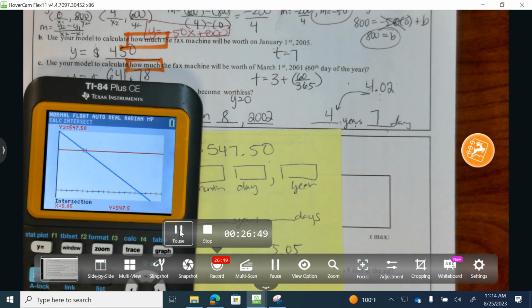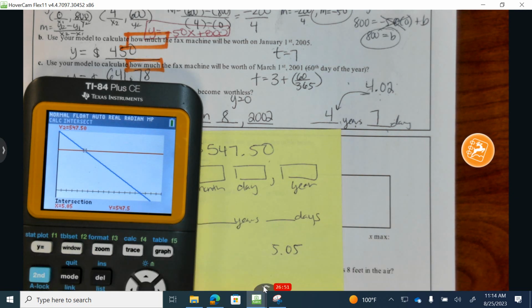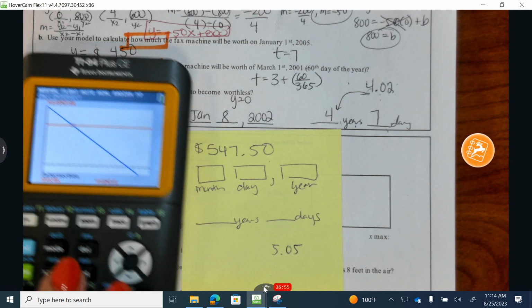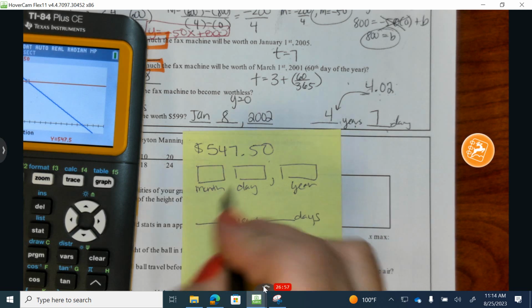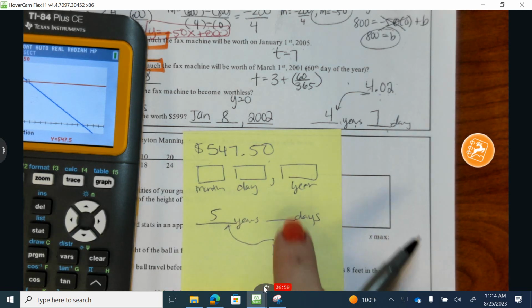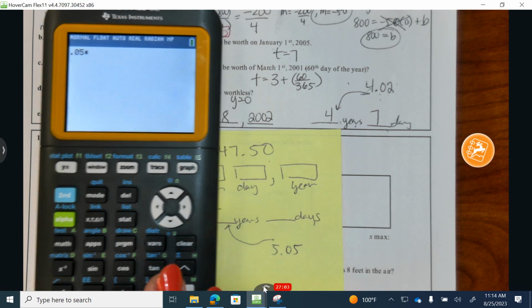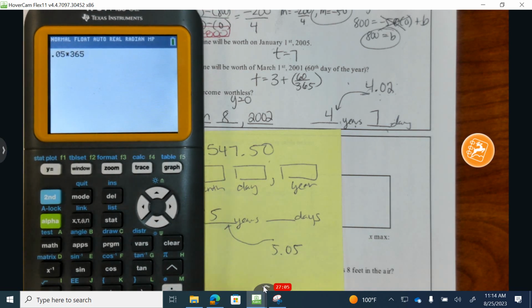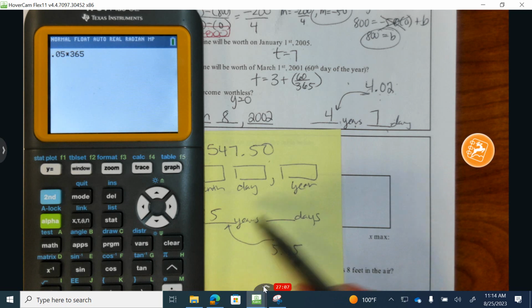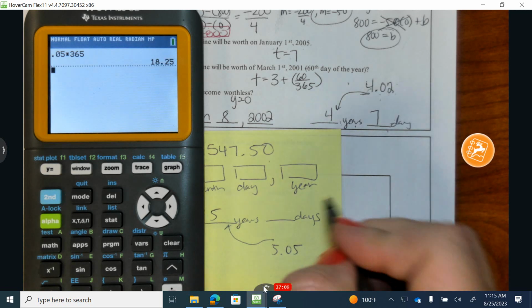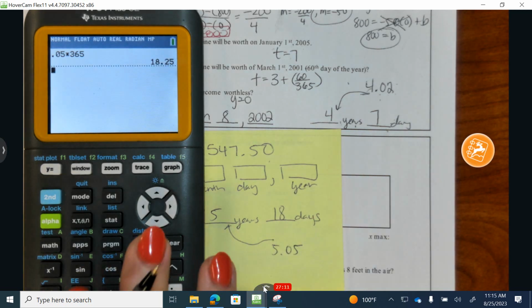By a raise of hands, who does have 5.05? Okay, good. Now what does this mean? This means 5 years, and this does not mean 5 days. So with 0.05, what am I multiplying by? 365. Why? How many days are there in a year? 365. Let's round to the nearest whole number.